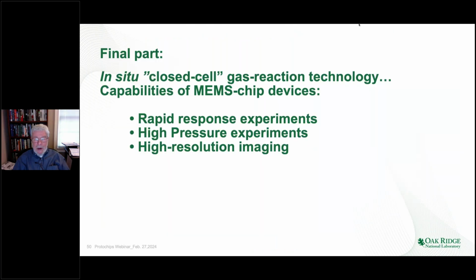So, final part, just to show you some examples for the in situ closed cell gas reaction on MEMS devices. I just want to show a couple of examples that give the capabilities of the MEMS device for rapid response experiments and high pressure experiments, and then high resolution imaging.